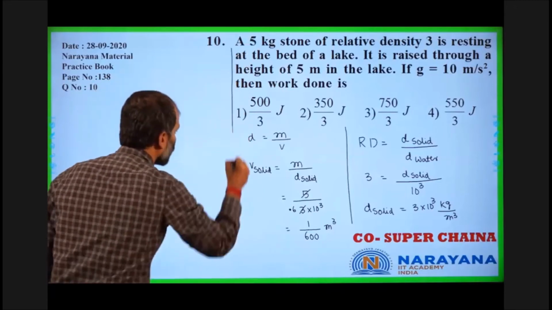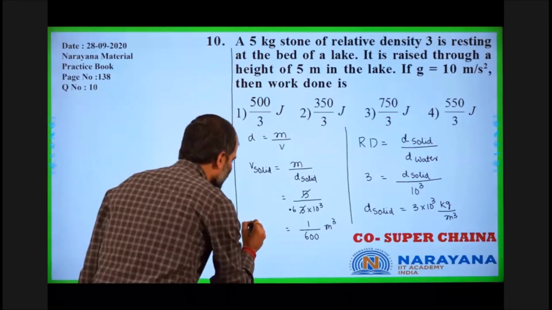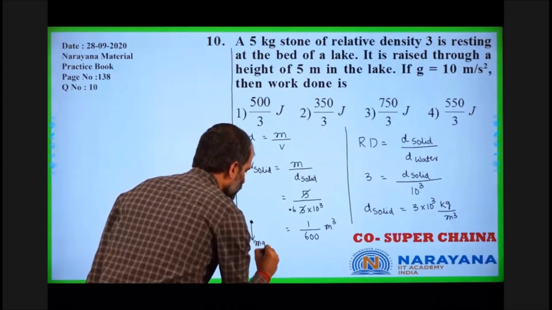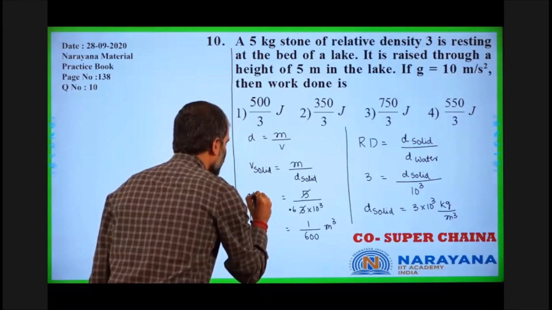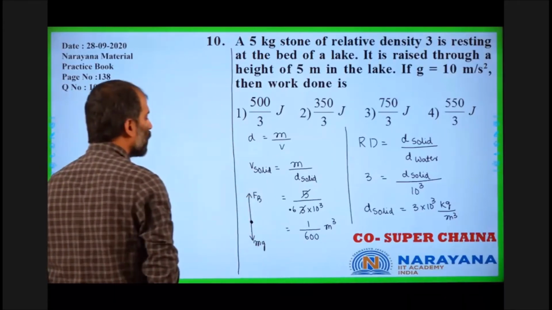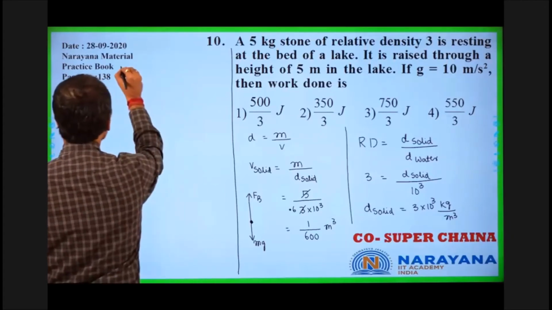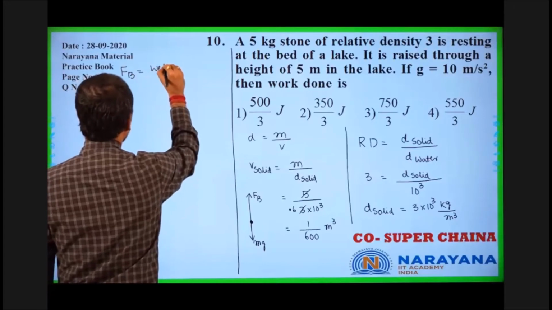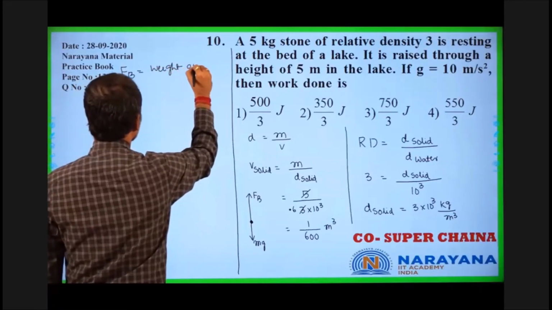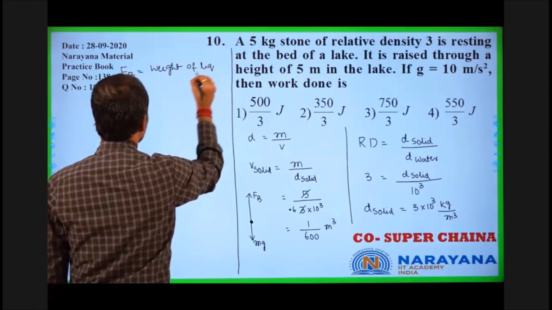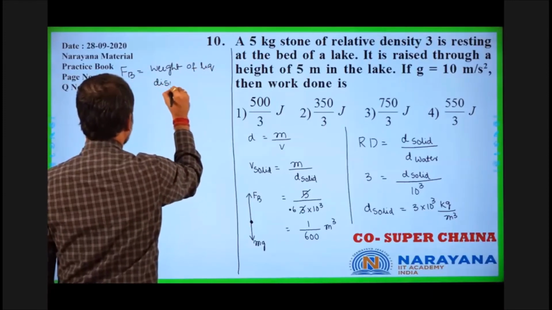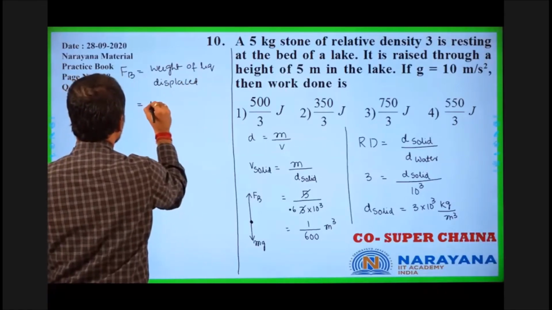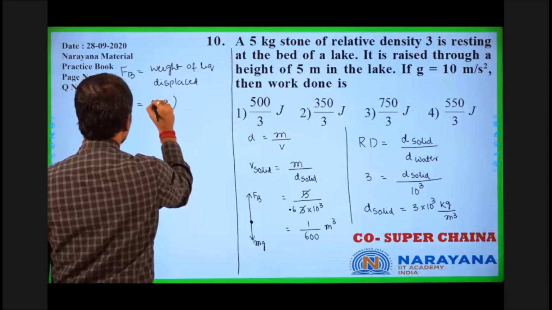Now, when a solid is inside the liquid here, we know that its weight would be acting vertically downwards and force of buoyancy would be acting vertically upwards. So according to the Archimedes principle, force of buoyancy would be equals to weight of the liquid displaced. So weight of the liquid displaced is equals to m into g of liquid.